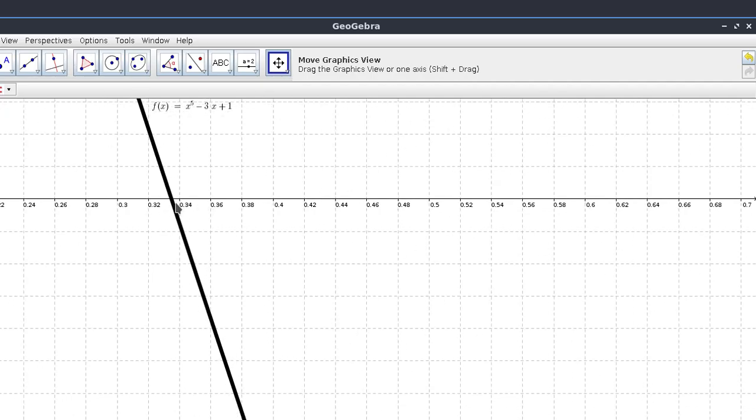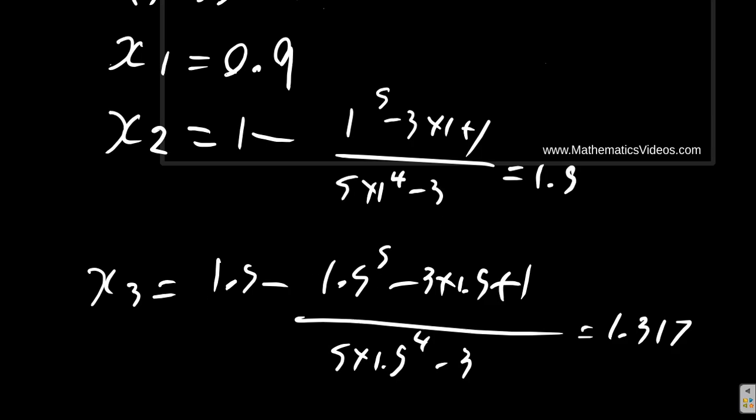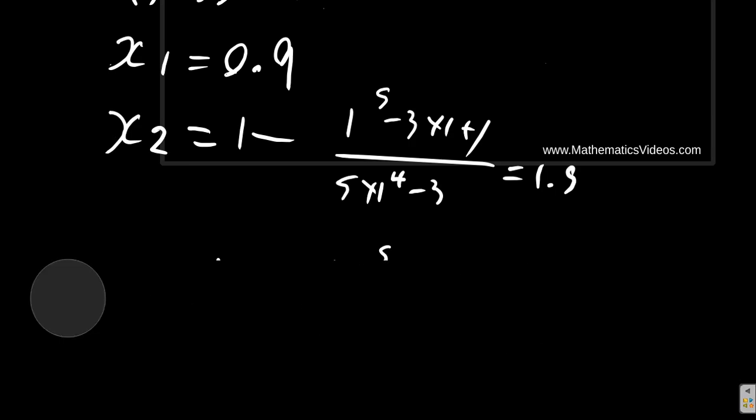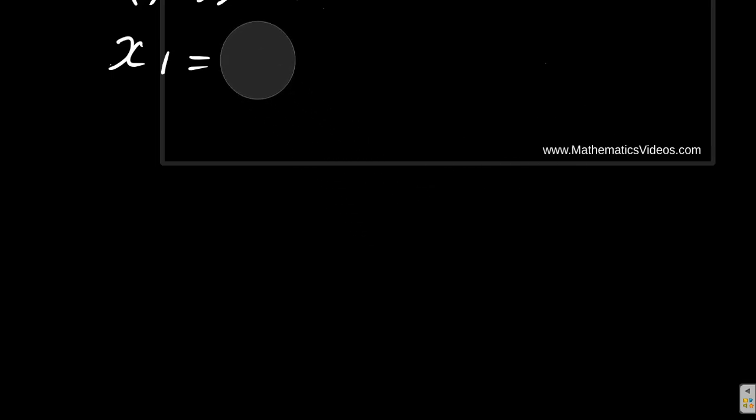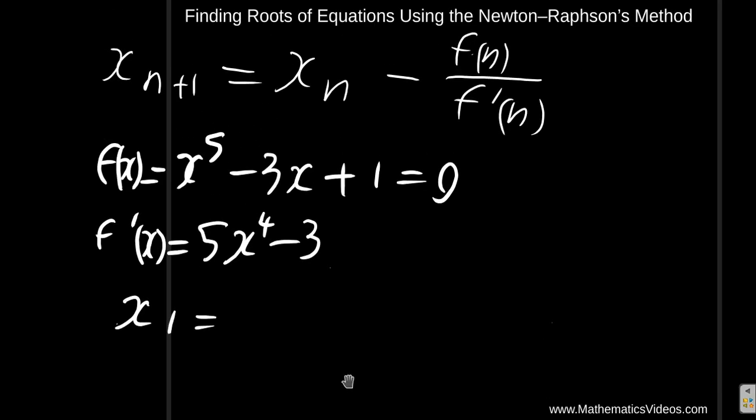It's a little more than 0.33. But let's use 0.4 and see what happens. So we want to find that other root. Our x1 is 0.4. Let's see where it takes us.